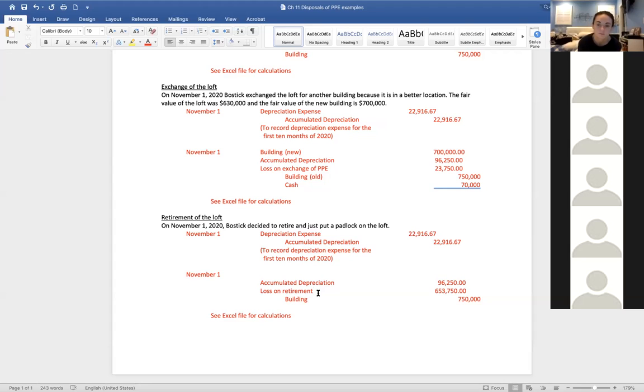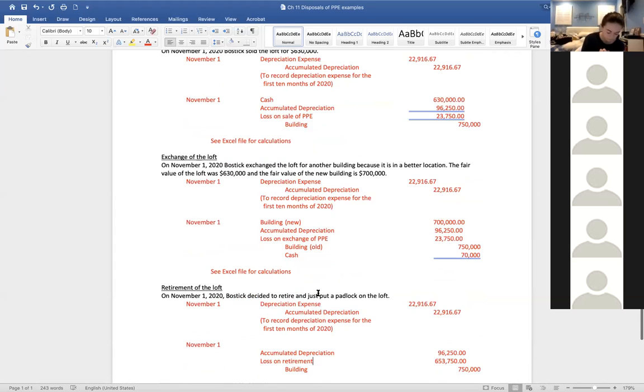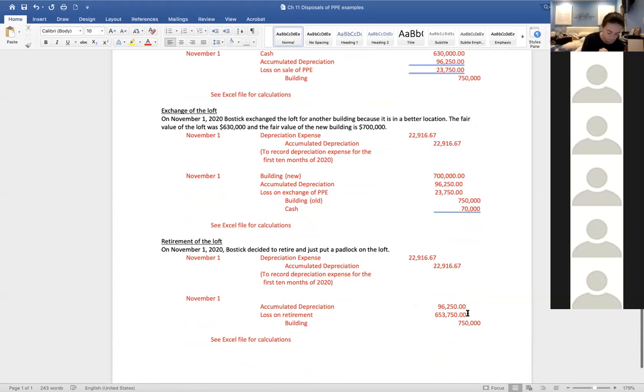What I got for my new asset is 0, minus your book value gives you your gain or loss. And the book value was 653,750. So that would be my loss on retirement. Okay. So that is how we record a loss on retirement.